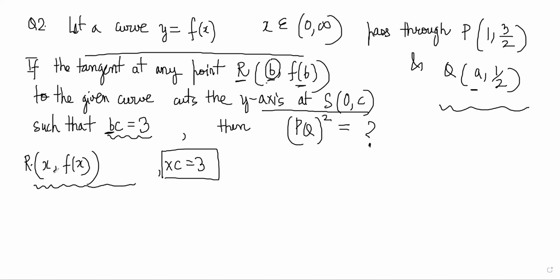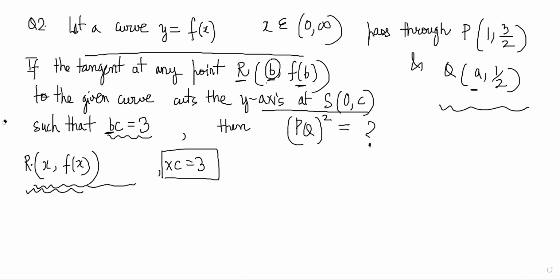So let's draw the equation of tangent at R to the curve. Equation is y minus f of x is equal to f dash x. Okay, I should write it in a different way. I should write it like this.